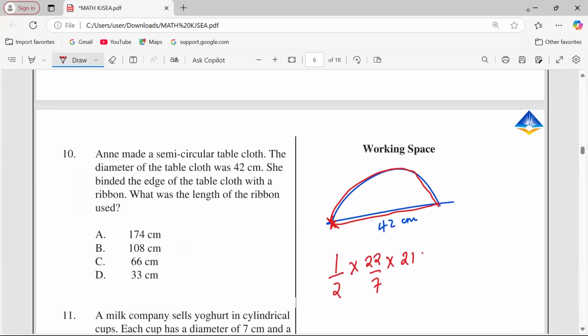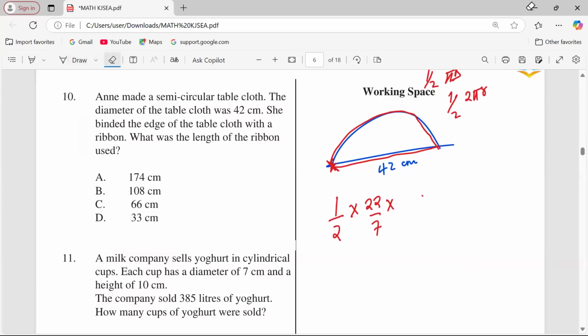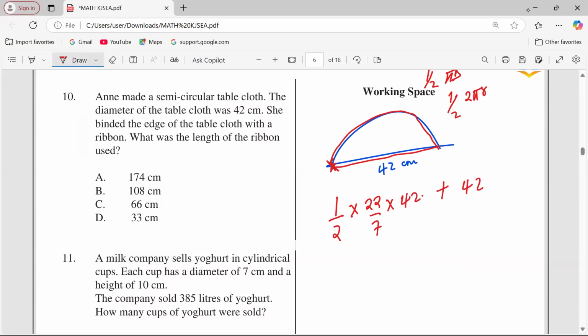Let me write the formula. Half pi d, or half 2 pi r. So we can use pi d. We use the d, half pi d, 42. Then we should add our d, because half pi d will give us the curved length.